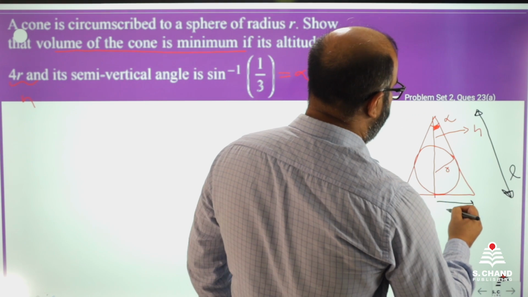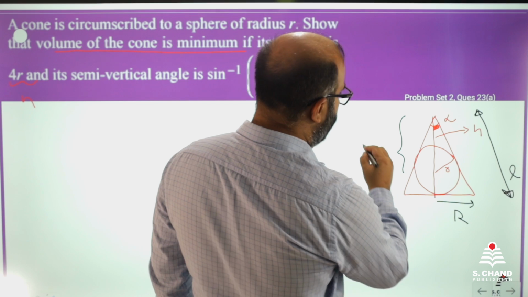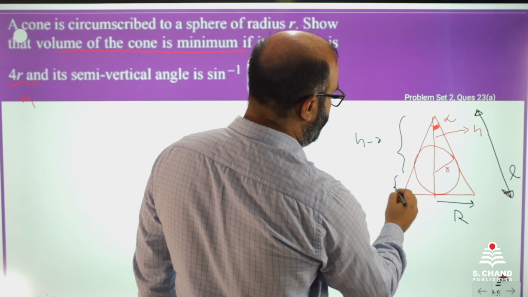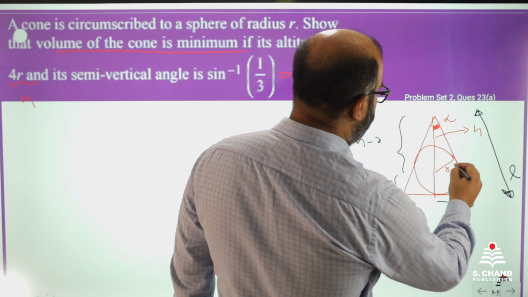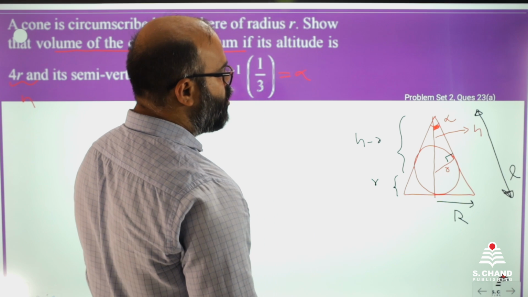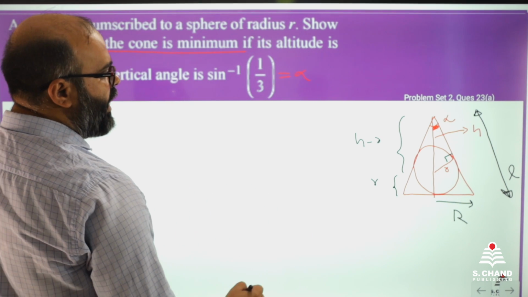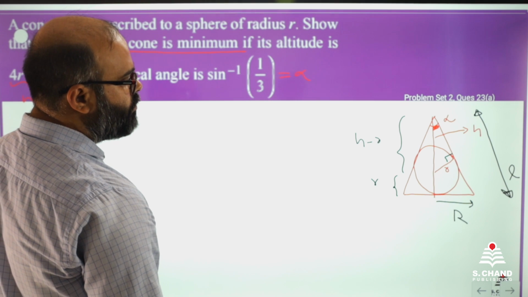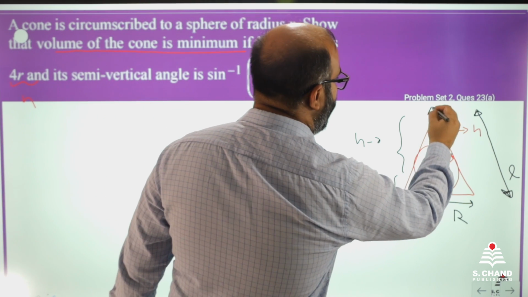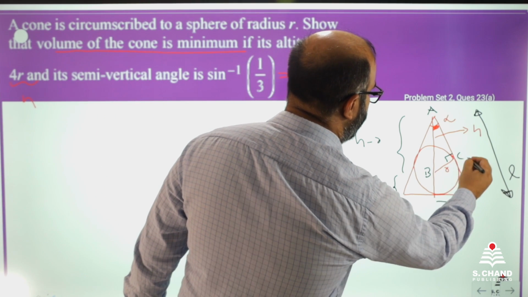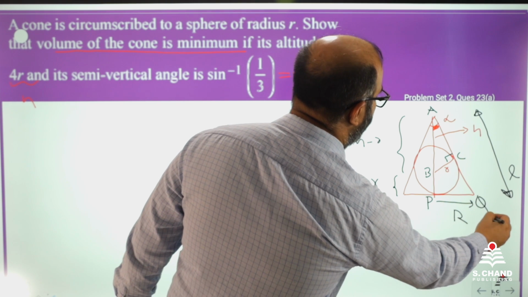So what we can say, that this portion is h minus r, as this portion is r and this is the perpendicular. So we can say from here, first in this triangle ABC, then we will take APQ.